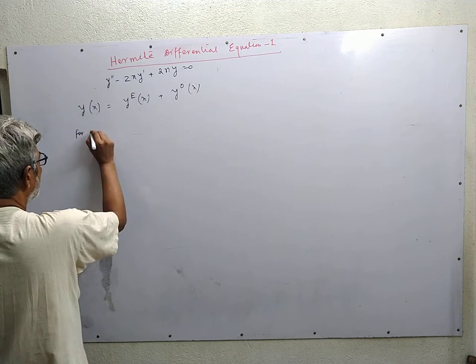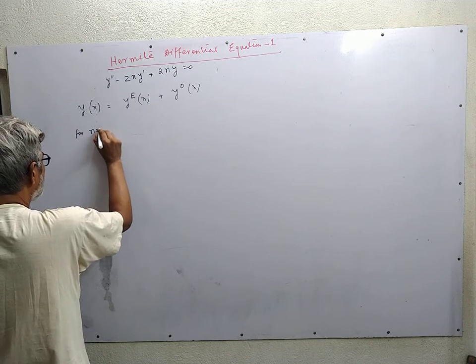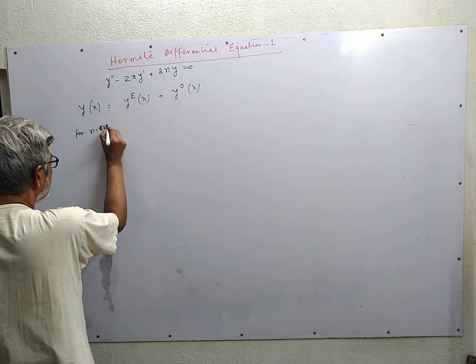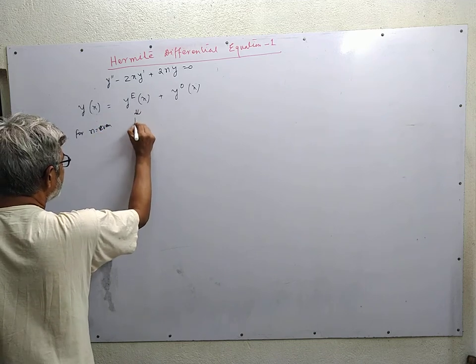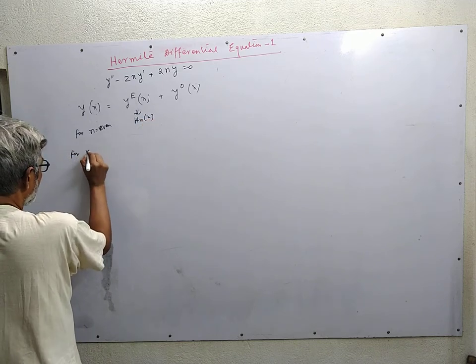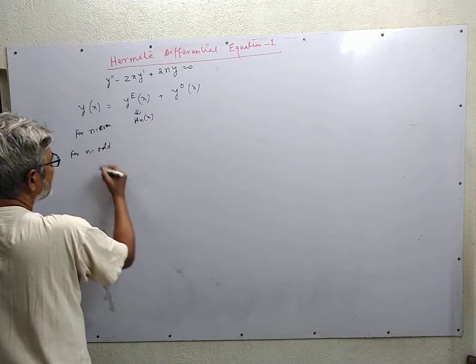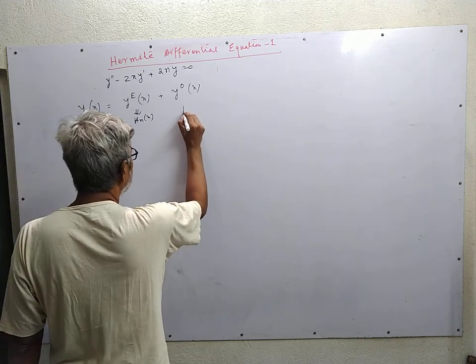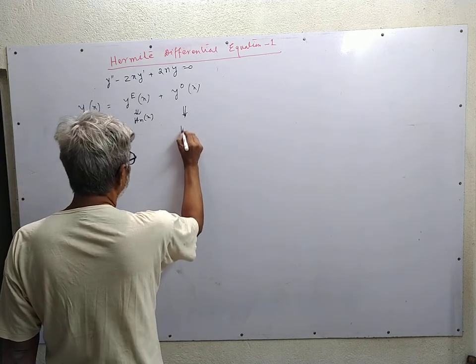For n is equal to even, this is Hn of x. For n is equal to odd, this one is Hn of x.